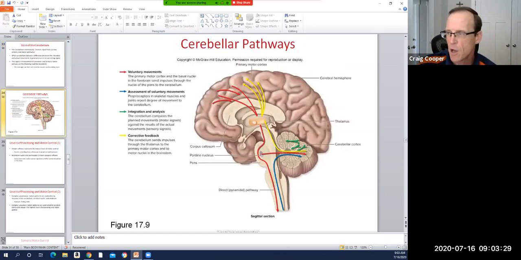It's got some fairly complicated pathways. I like this slide because it gives you a key over here to let you know which arrows represent what function or what message.